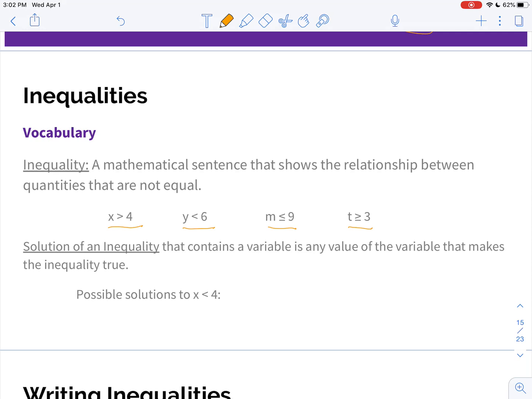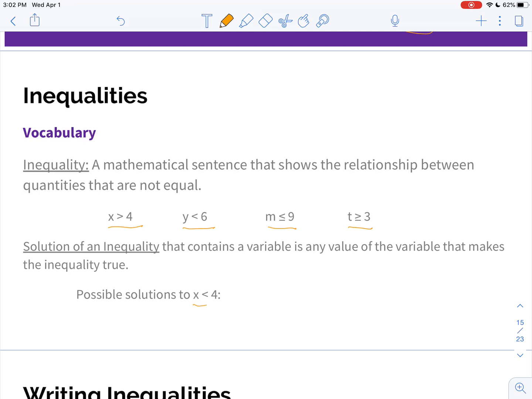But then a solution of an inequality is just like a solution to an equation. A solution to an inequality that contains a variable is any value of the variable that makes the inequality true. So unlike equations that only have one solution, inequalities have many, many different solutions.